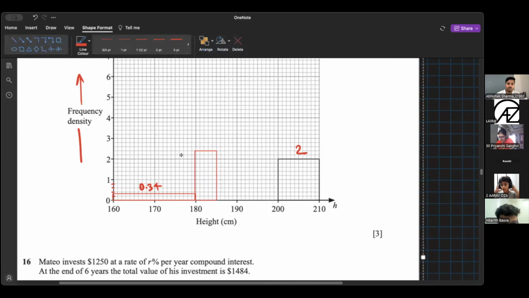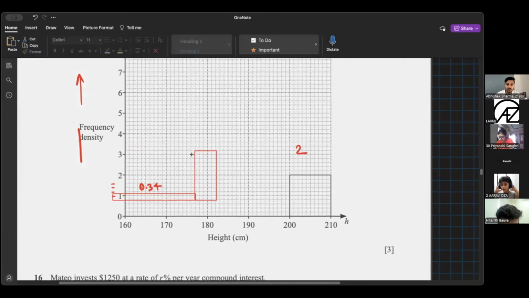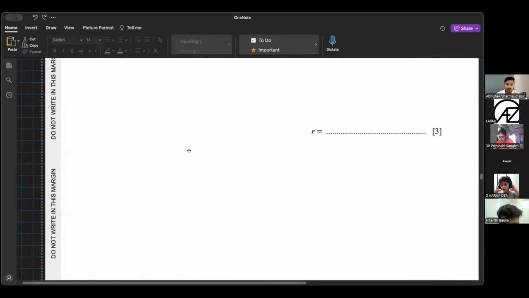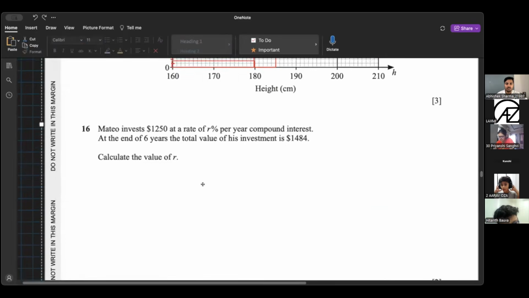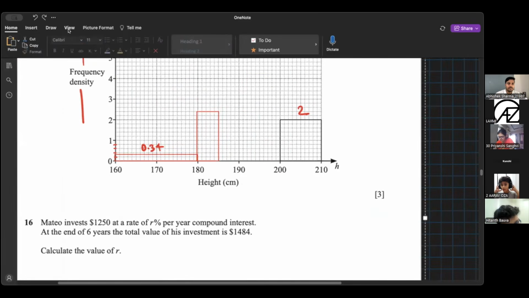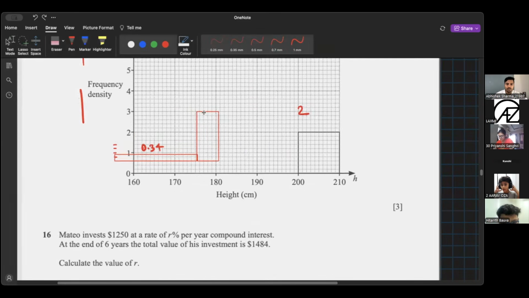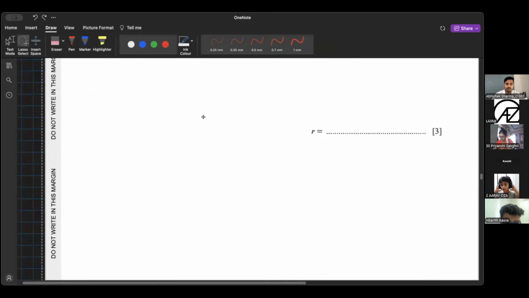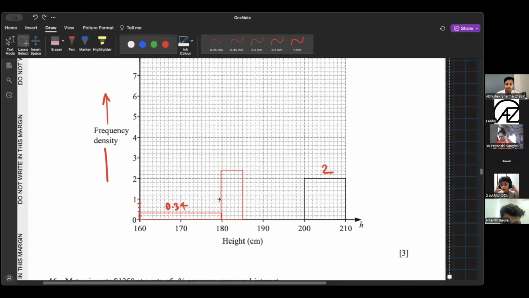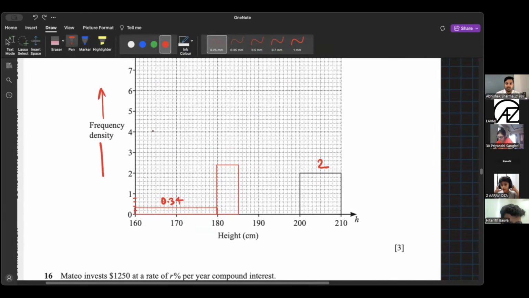This one. Oh, I touched the graph. Just a sec. Okay, it's fine. It's a little on the left hand side.